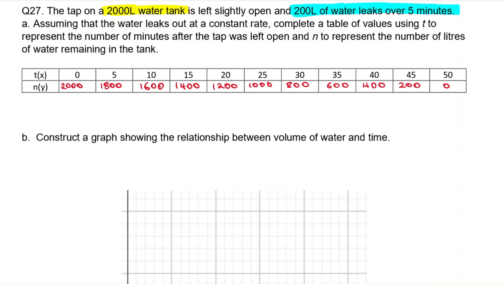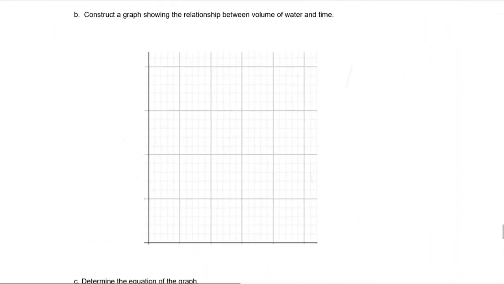So by 50 minutes there should be no water left. Okay, so we just need to graph this.